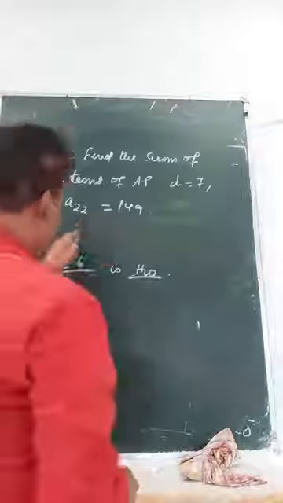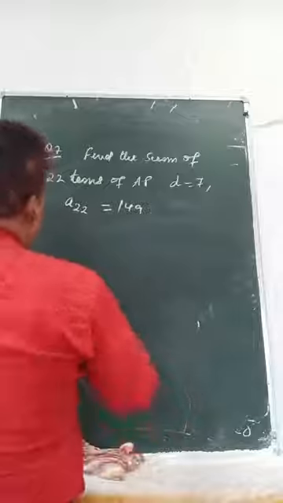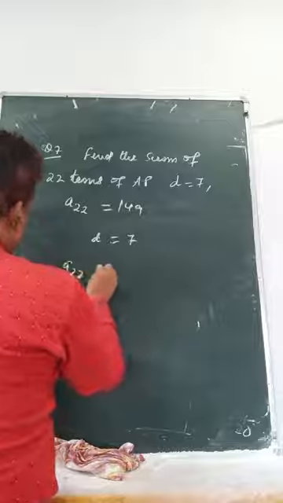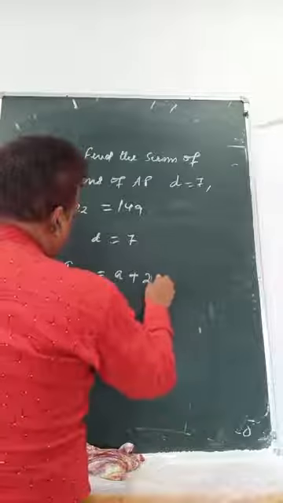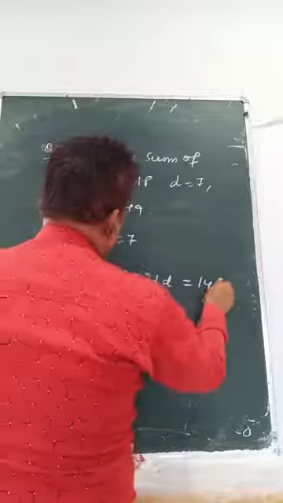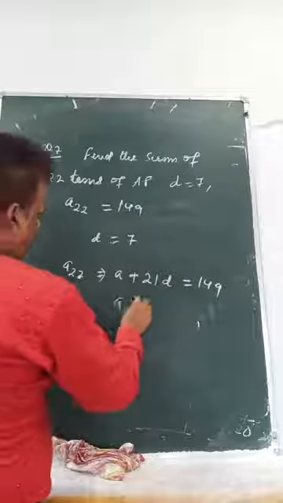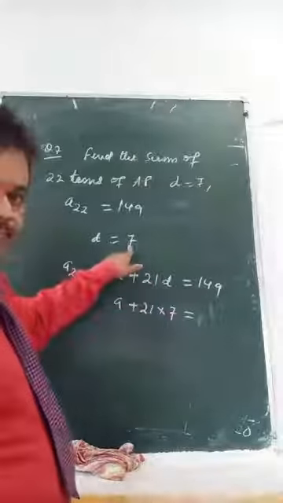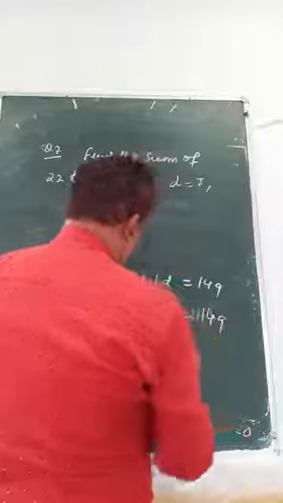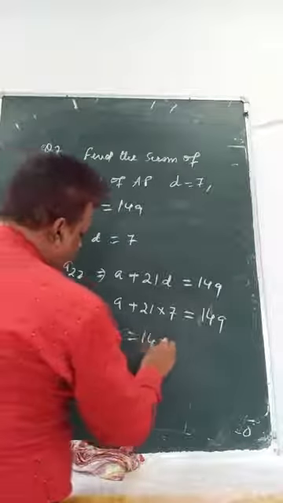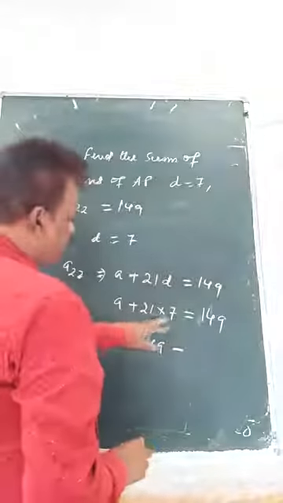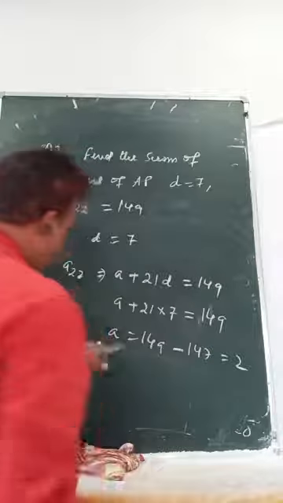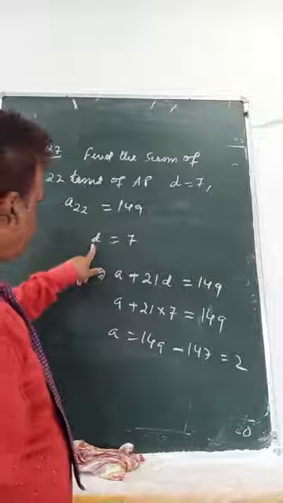Look at here. d is 7. The a22 formula is a plus 21d equals 149. So a plus 21 into 7 equals 149, because d is equal to 7. So a equals 149 minus 147. That is 2. You got a, you got d.